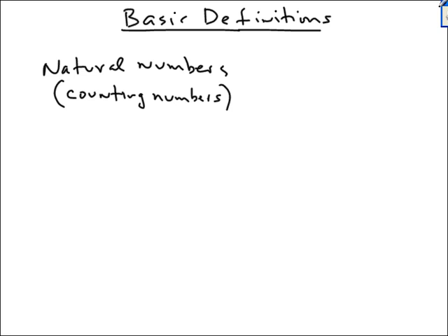Well, like I've been saying, it's a set. And the elements of a set, in this case, the numbers of the set, are listed between these curly brackets. The natural numbers, the counting numbers.